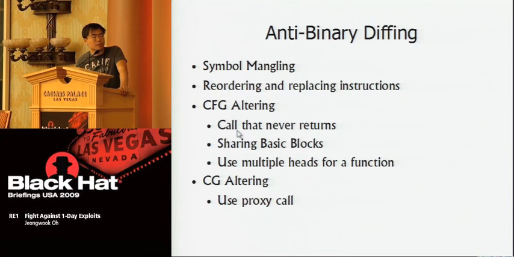You can put some null basic blocks between the control flow, and maybe you can share some basic blocks, like in the Windows kernel, or you can use multiple fake heads for a function. Or use a proxy call that does nothing but call the original function. You can just replace it with the original one.